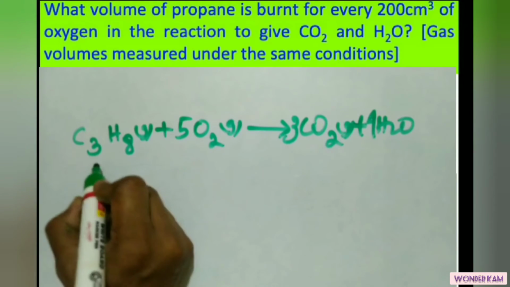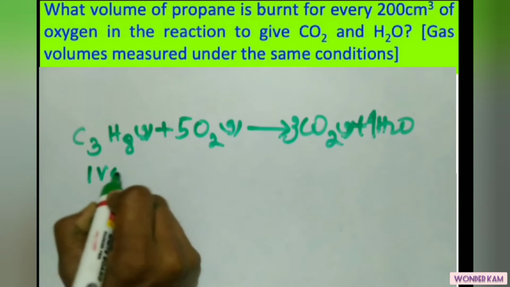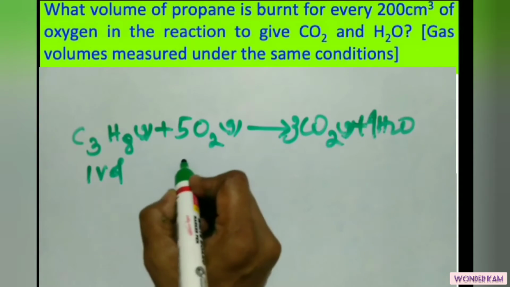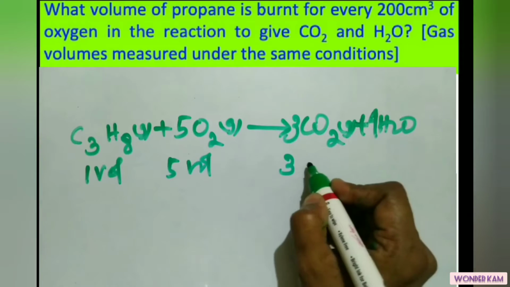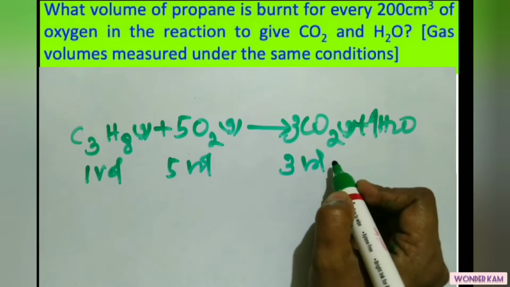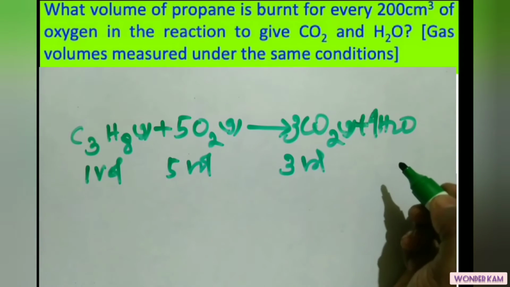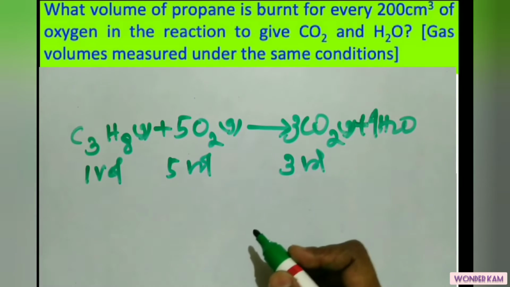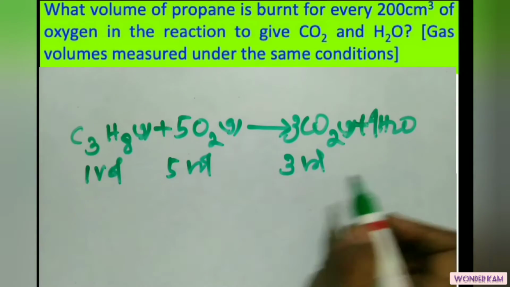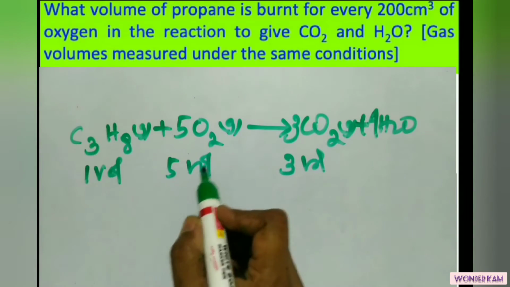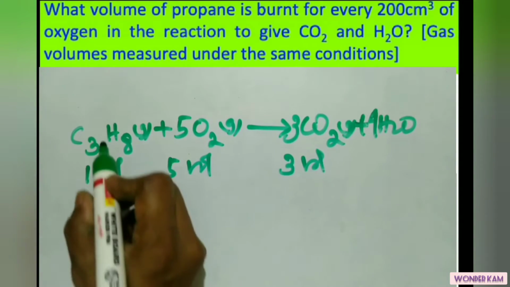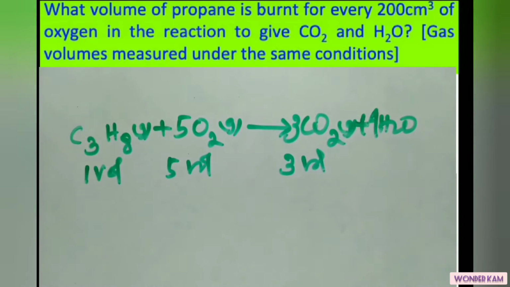So this is balanced. Now this is 1 volume as per Gay-Lussac's, this is 5 volumes of oxygen, this would be 3 volumes of carbon dioxide, and this would be 4 volumes of water vapor, isn't it? So from this balanced equation, it is clear that for every 5 volumes of oxygen, 1 volume of propane is burnt.